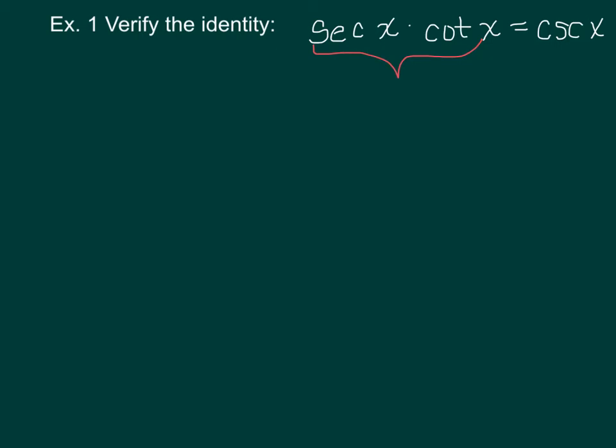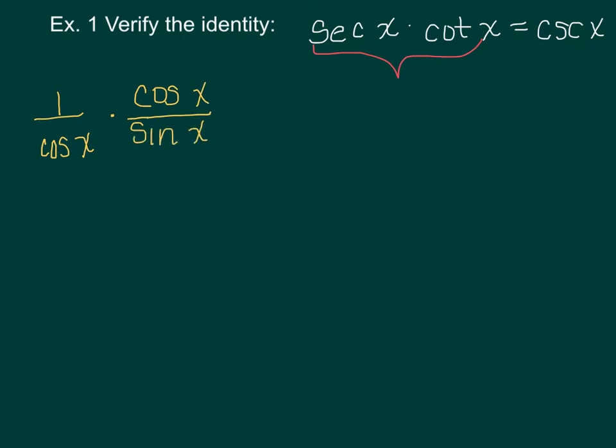So I'm going to use a reciprocal identity. And then cotangent is a reciprocal of tangent. And I know that tangent is sine over cosine. Cotangent is cosine over sine.